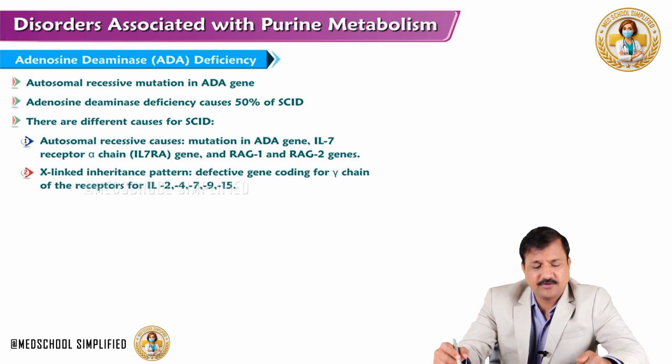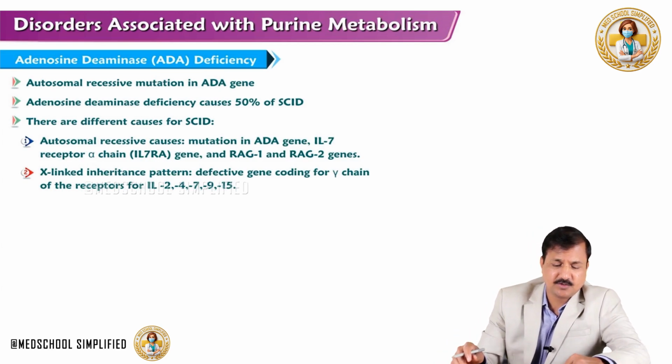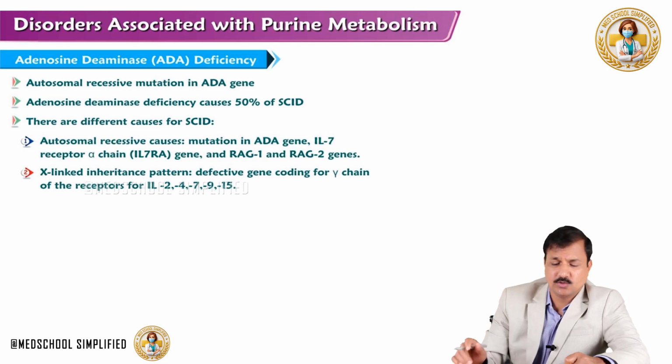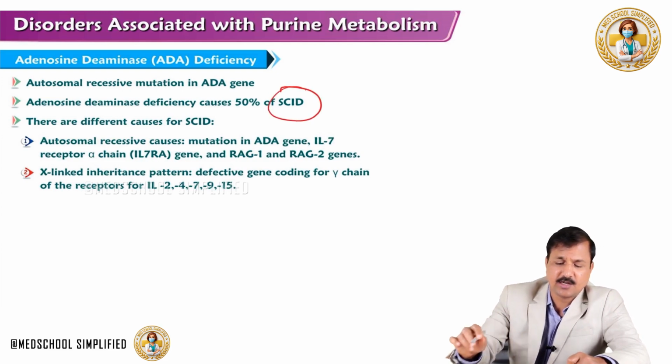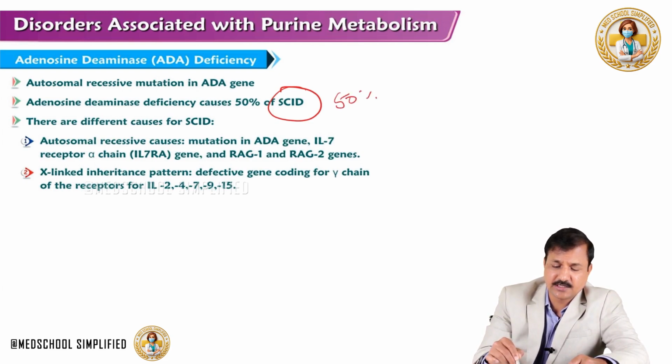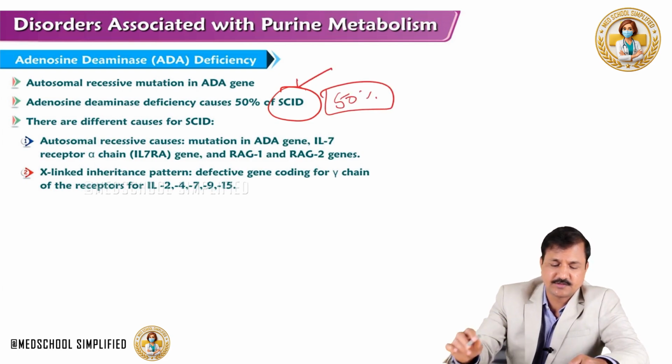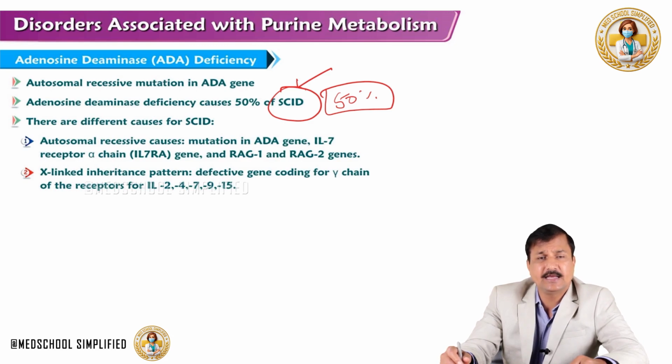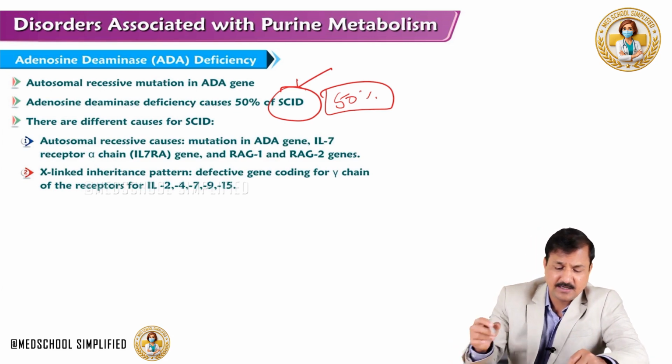So deficiency of adenosine deaminase, because of a defect in the ADA gene, gives rise to a disorder called severe combined immunodeficiency. 50% of cases of severe combined immunodeficiency are because of ADA gene mutation leading to adenosine deaminase enzyme deficiency.